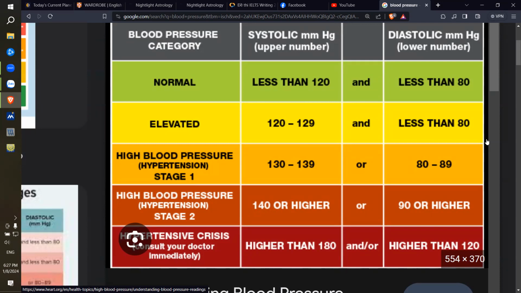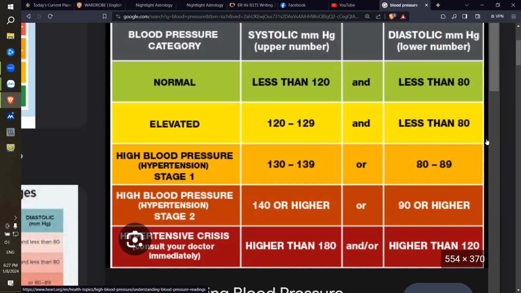Next, I'm going to talk about some diseases, such as coronary artery disease. It is the most common type of heart disease.